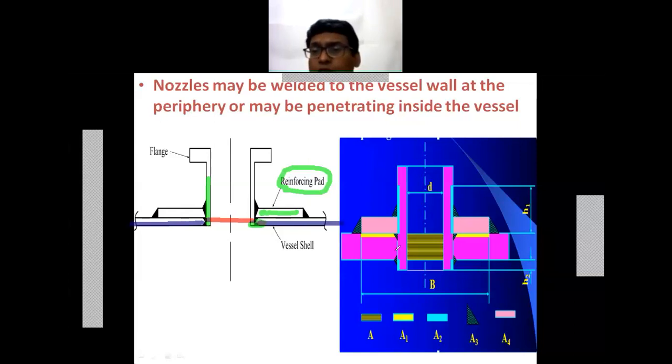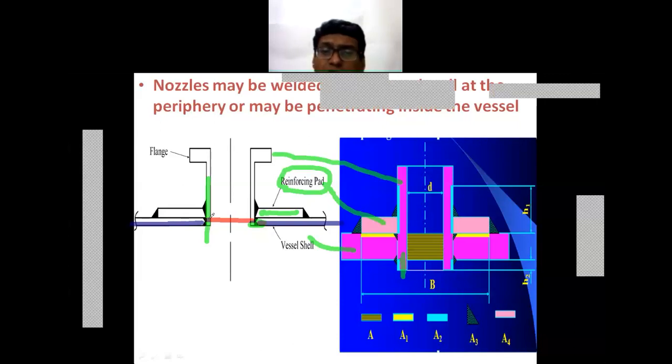Now coming to the second figure, this is the vessel shell, this is the reinforcement pad, and this is your nozzle. It is extended inside the vessel also. There is a possibility that I can extend this nozzle inside the vessel. That is another case.